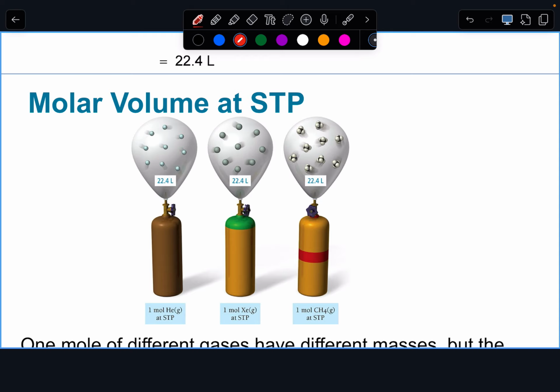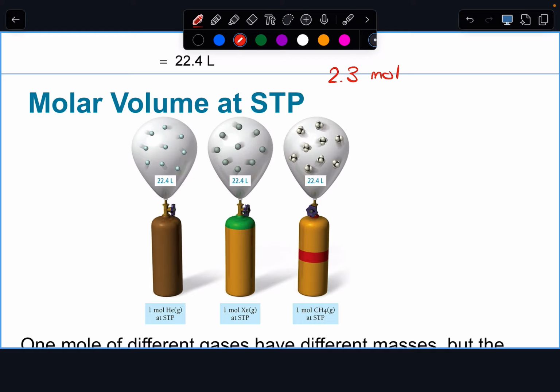So someone that works with gases frequently is going to have that number in their head, the 22.4, and then all they have to do to figure out whatever the other number of moles, like let's say it's 2.3 moles of gas, they just need to take 22.4 times 2.3 because every mole is going to be 22.4 liters. So they can do a quick calculation.